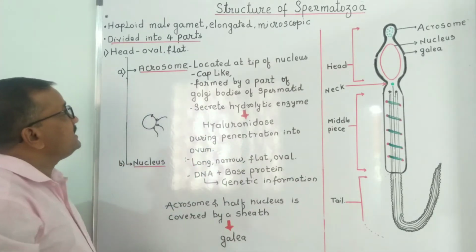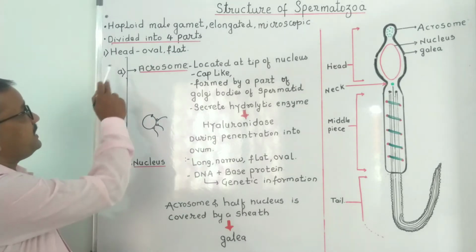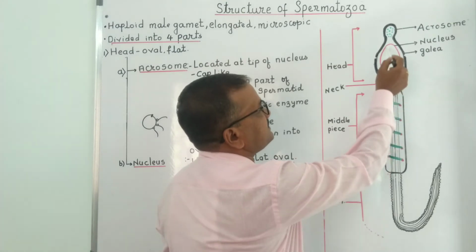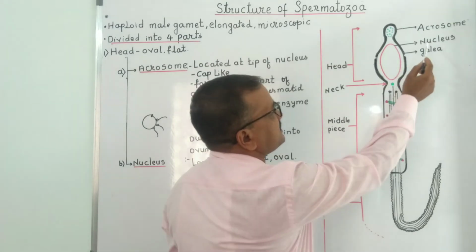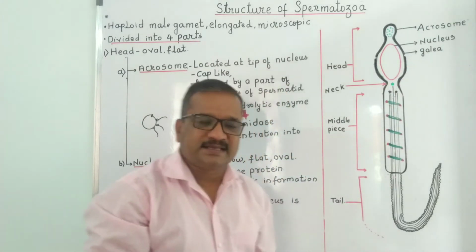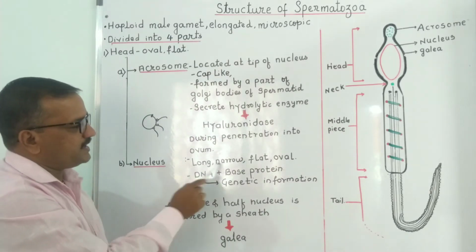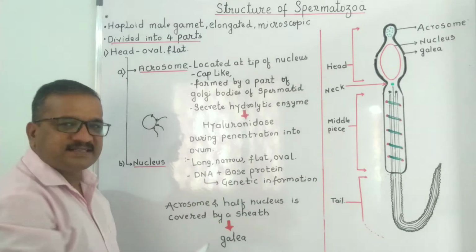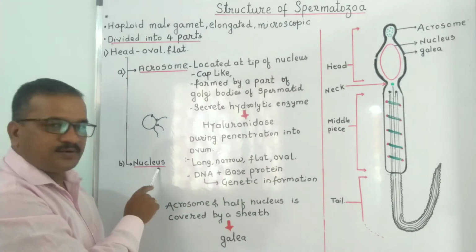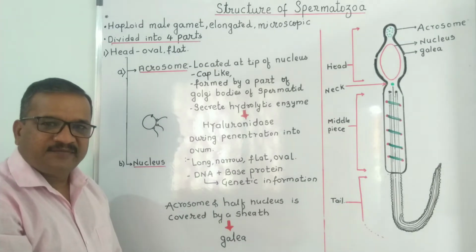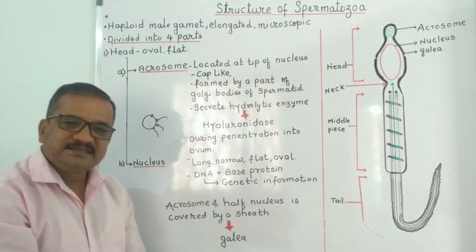Next point is, the second part of the head region is what? Nucleus. This red portion inside the head region, this total portion, is called the nucleus. How does it look? The nucleus is long, narrow, flat, and oval in structure. Inside the nucleus, DNA plus base proteins are present, and we know that DNA is the genetic material.